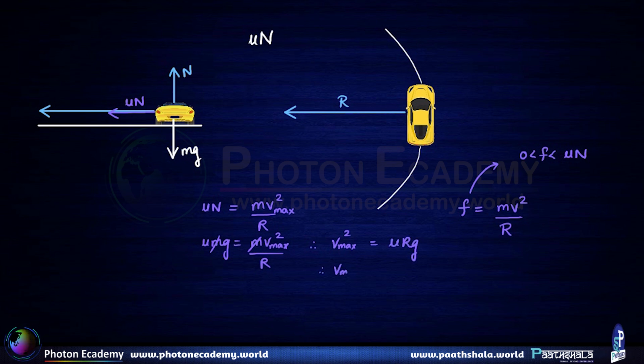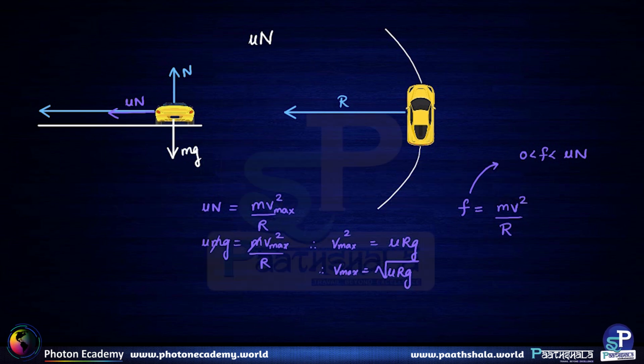Therefore v max is equal to under root of mu r g. Alright, so this is the particular value of the maximum velocity with which the car can traverse a turn without slipping outwards.